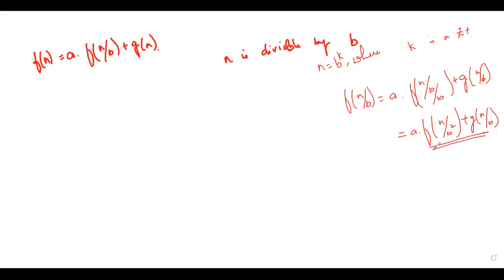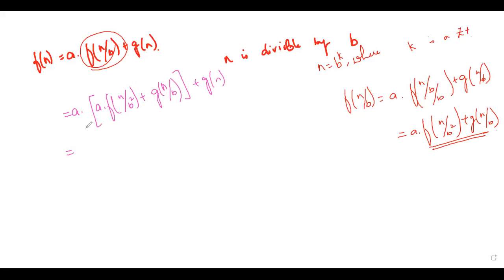Okay. So we are substituting this value in this place. We are supposed to substitute this value in this f of n by b. So let's substitute it. A into f of n by b square plus g of n by b plus g of n.